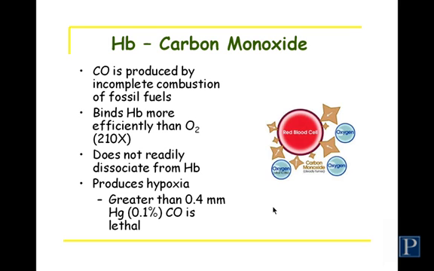The one thing to keep in mind if someone has carbon monoxide poisoning is if you measure the partial pressure of oxygen in their arterial blood, the levels will be perfectly normal. And the thing is, that prevents the normal feedback mechanisms in our body from saying, hey, oxygen content's low.